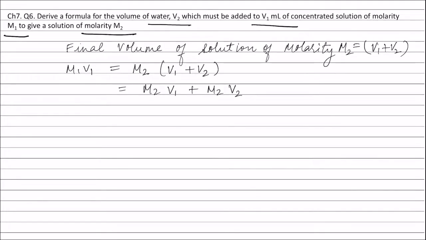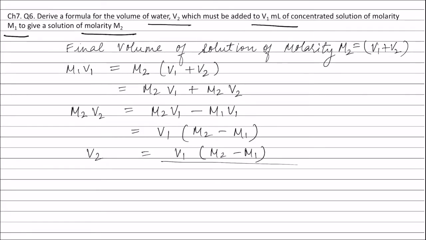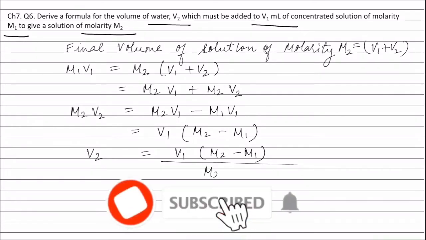Now rearranging this equation, we get M2 V2 is equal to M2 V1 minus M1 V1. Taking V1 common, this is equal to V1, and in bracket we get M2 minus M1. Therefore, V2 is equal to V1 into (M2 minus M1) divided by M2.